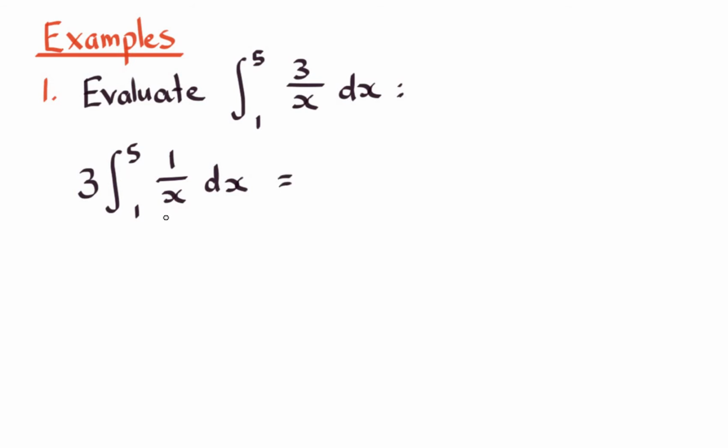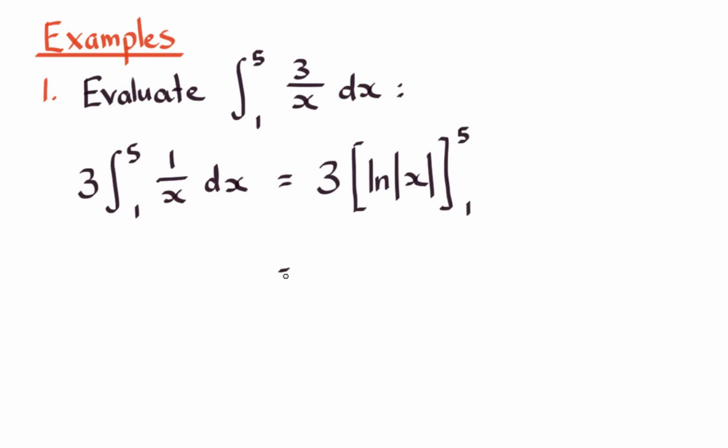Now that we have the integral of 1 on x, we can apply the natural log of x. So we still have our 3 out the front. Now we can apply the natural log of x, sorry, not f of x, natural log of x. And we have our upper bound and our lower bound.